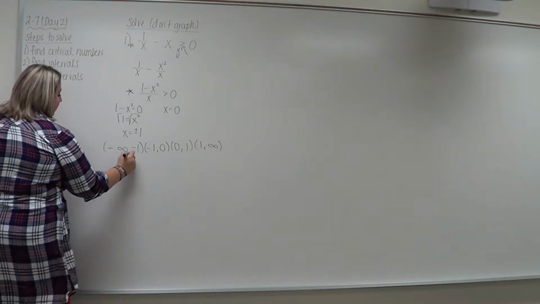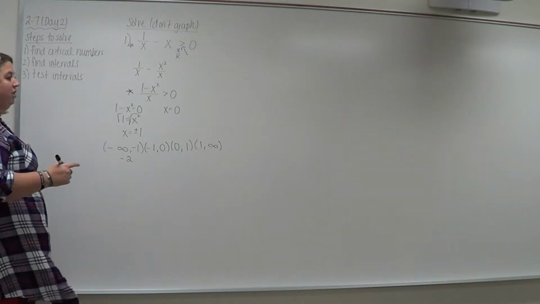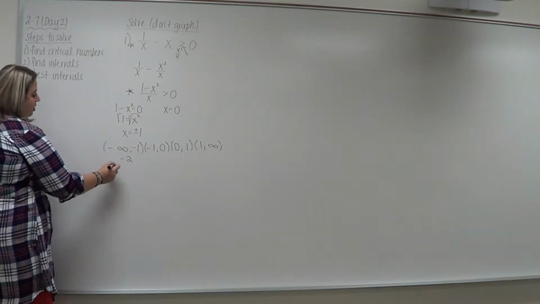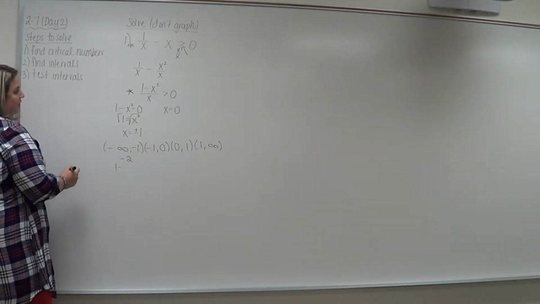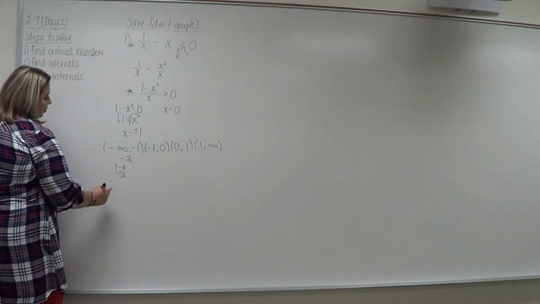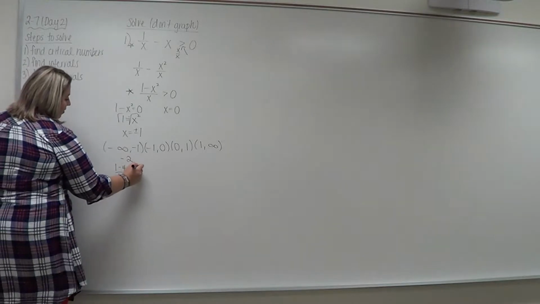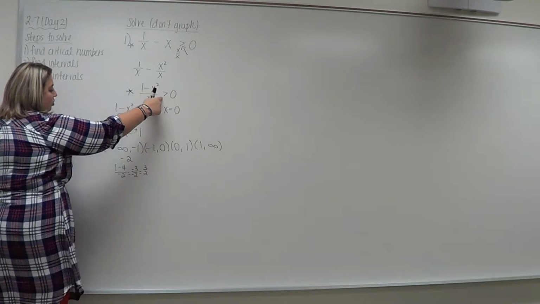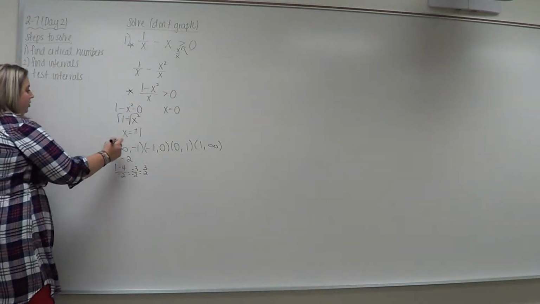Negative 2. Okay. I'm going to go with the combined one, because it's less work. So this would be 1 minus negative 2 squared, so negative 2 squared is 4, over negative 2. So this would be negative 3 over negative 2, which is 3 over 2. Is 3 over 2 greater than 0? Yeah. So this one works.